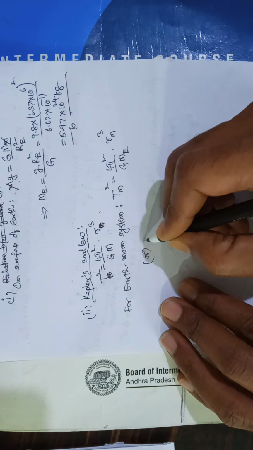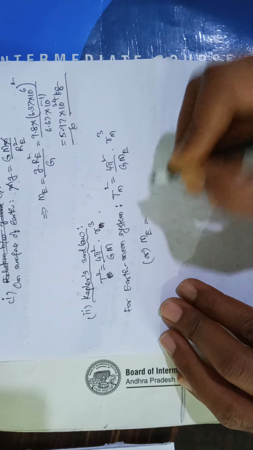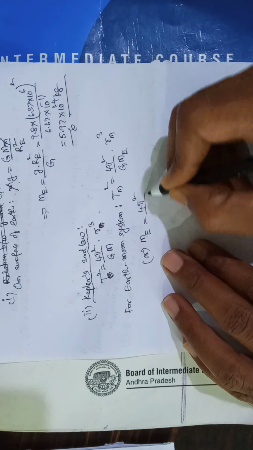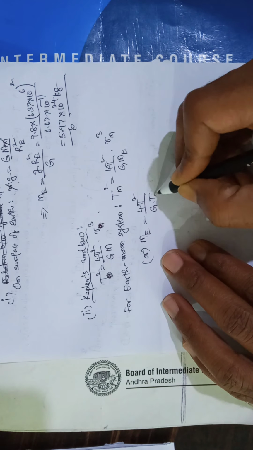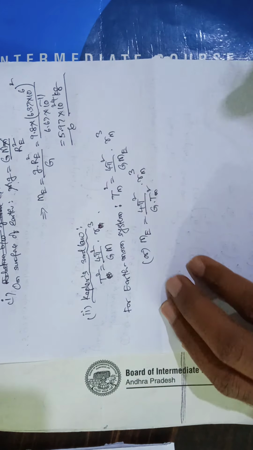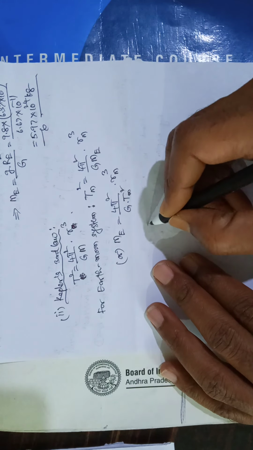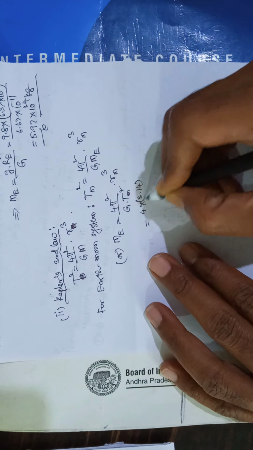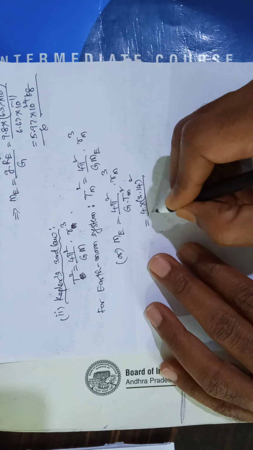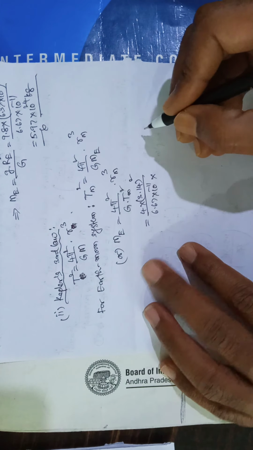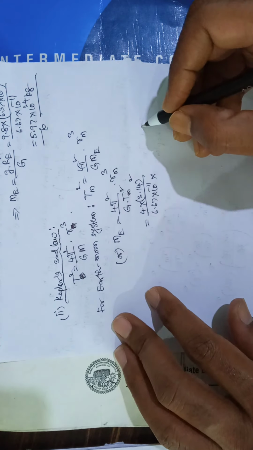From this, Me is equal to 4 pi square by G Tm square into Rm cube. So substituting the values, Tm square.